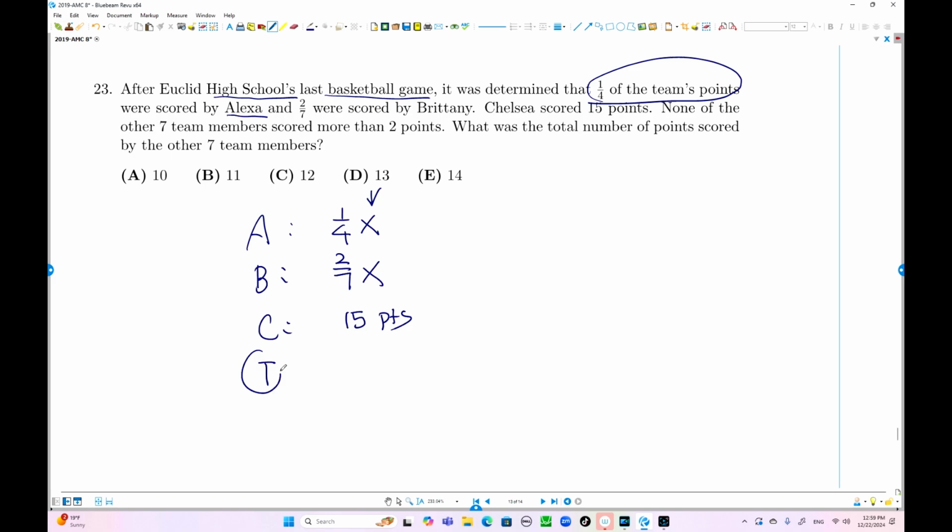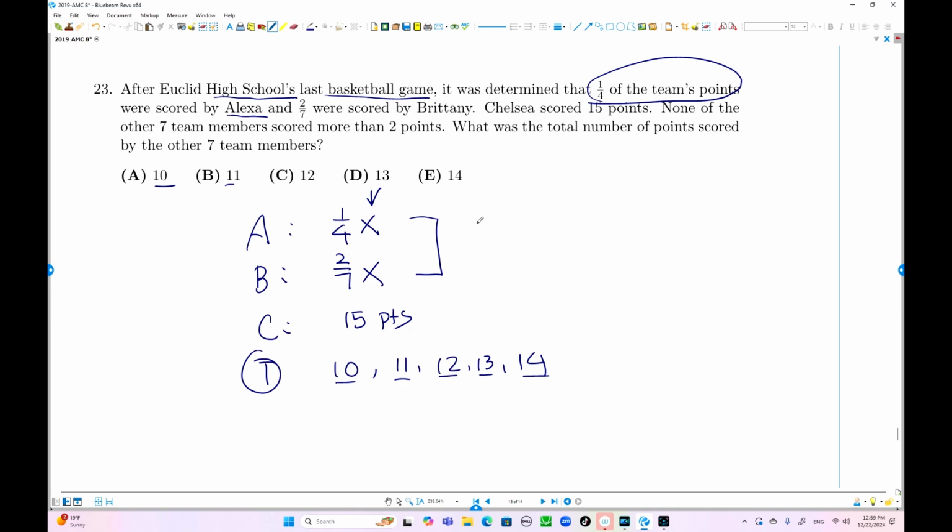And the last 7 players scored not more than 2 points. The maximum is 2 times 7 is 14, right? Anyway, they gave 5 options: 10, 11, 12, 13, and 14. Okay, now let's find one of these numbers. Okay, from here, you can find the total points, the sum of these 2 in terms of x.